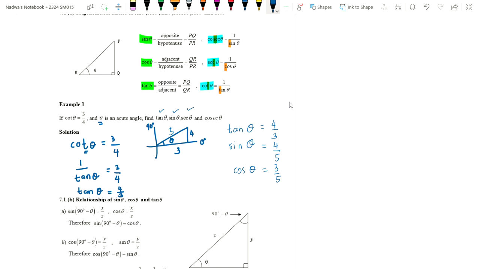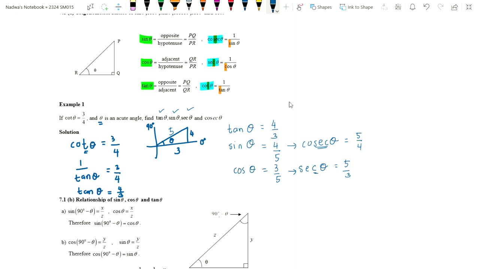Secant is 1 over cos theta. So secant theta is equals to 5 over 3 and cosecant theta is equals to 5 over 4. So it's easy that we can get secant from cos and cosecant from sine.